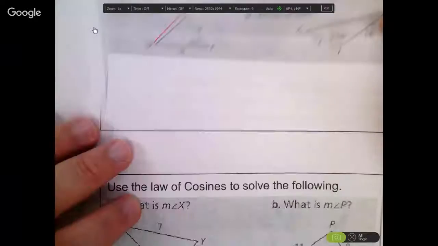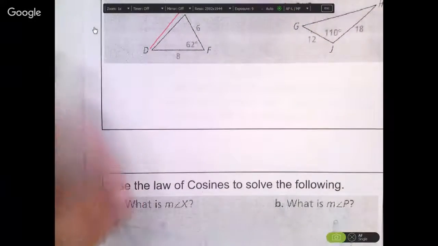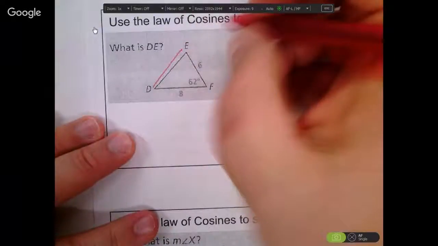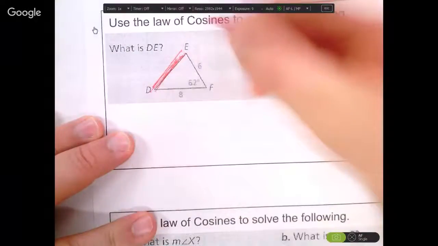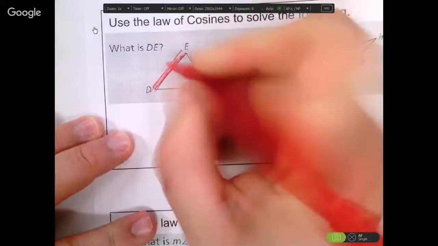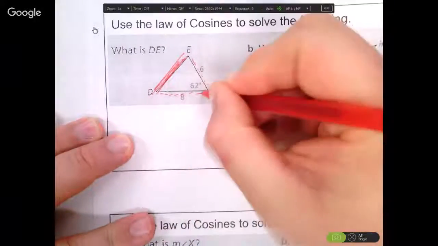Okay, so to find DE, Mark wants to tell us. Before we jump into it, I want to point out that this is what we're finding. These are the sides that I'm going to be using, and this is the angle I'm going to use.